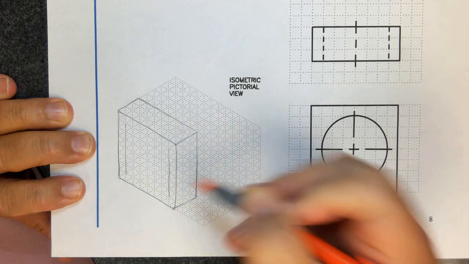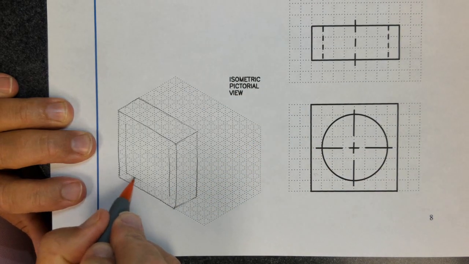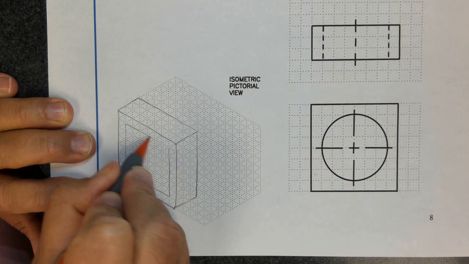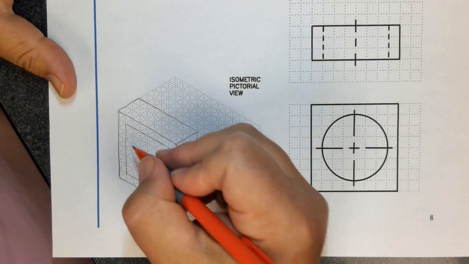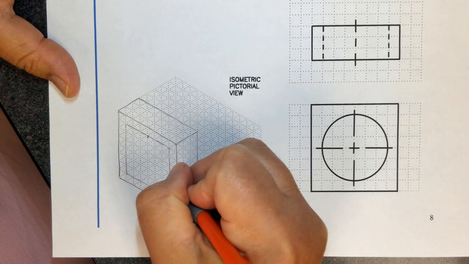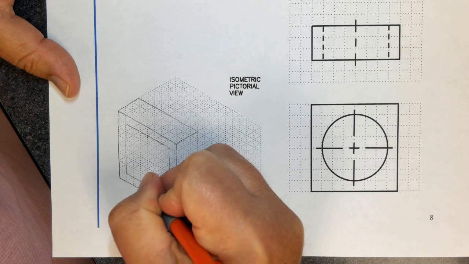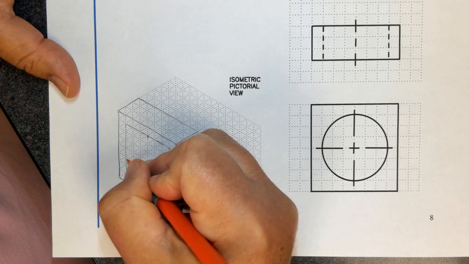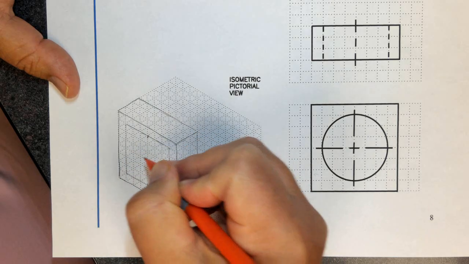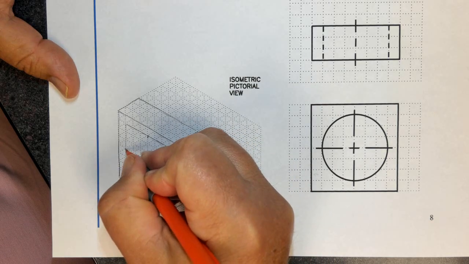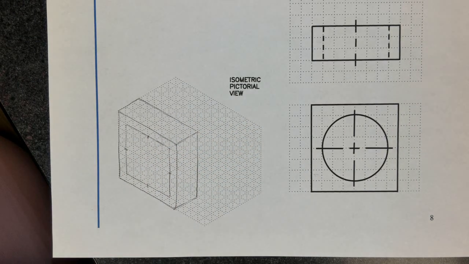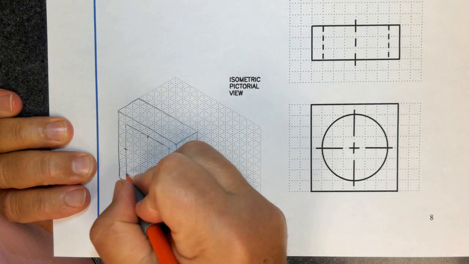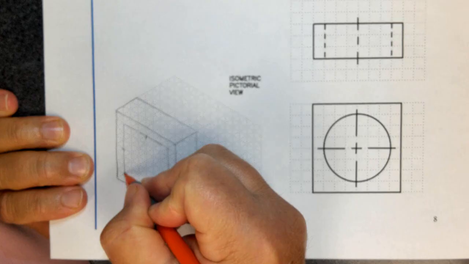What's my next step after that? Do you remember? Find the midpoints, right? So 1 here, 1 here, 1 here. Now the diagonals to the midpoints, right? Or the corners. So here, 1 here.